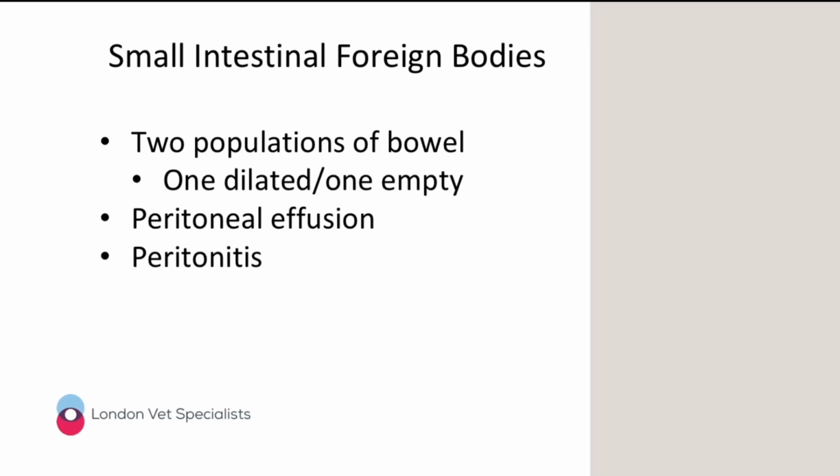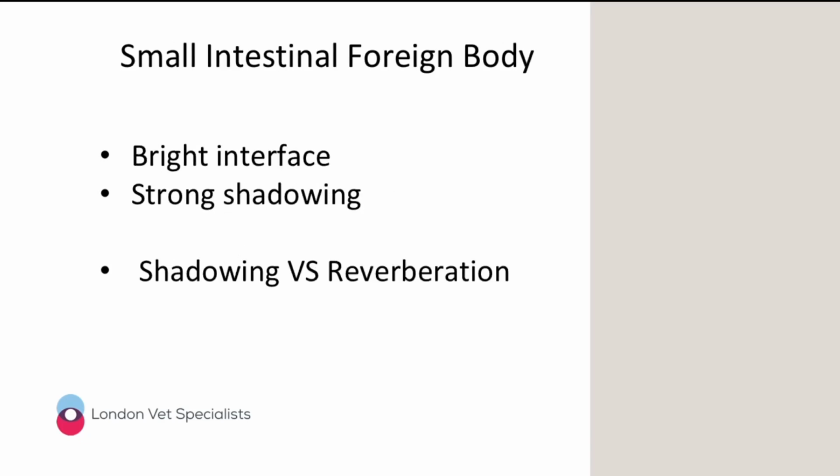So you can often see a peritoneal effusion and a peritonitis in a patient with a mechanical ileus secondary to a foreign body. Just like the gastric foreign bodies, small intestinal foreign bodies appear as a structure with a very bright, hyperechoic interface and very strong shadowing associated with them. So gastric foreign bodies, bright interface, strong shadowing. Small intestinal foreign bodies, bright interface, strong shadowing.